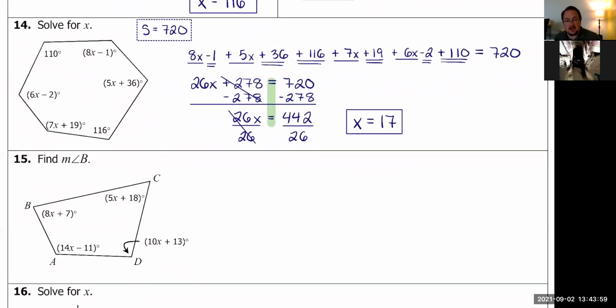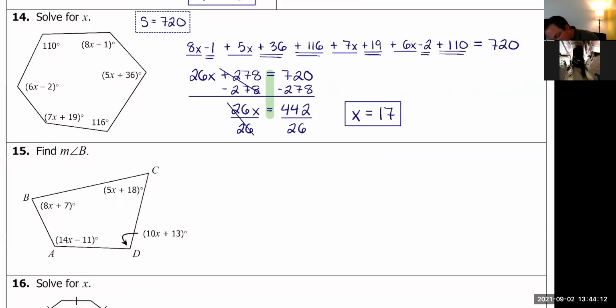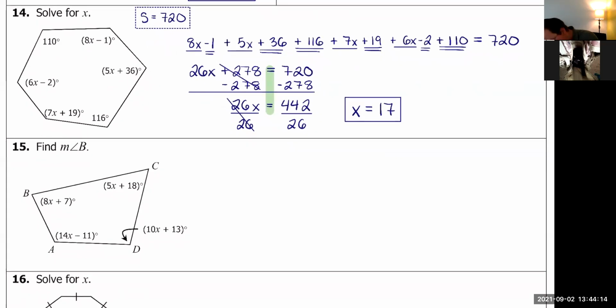Now, number 15 is going to make you go a little bit further, but because there's fewer parts, I'm okay with leaving this one for you to try later. But I am going to give you two key pieces of information to make sure you're on the right track. First off, put it down here in the corner. As you're solving this one, you should get that X equals 9.